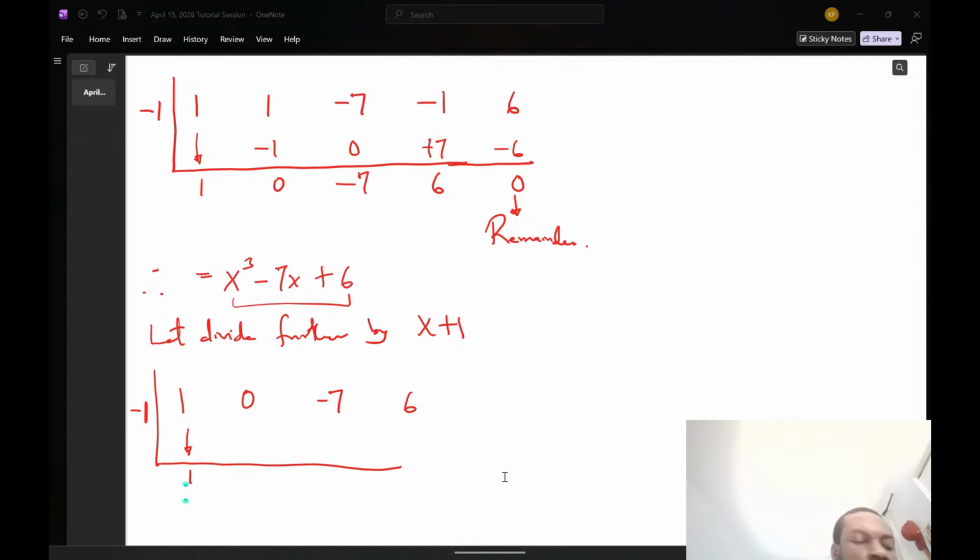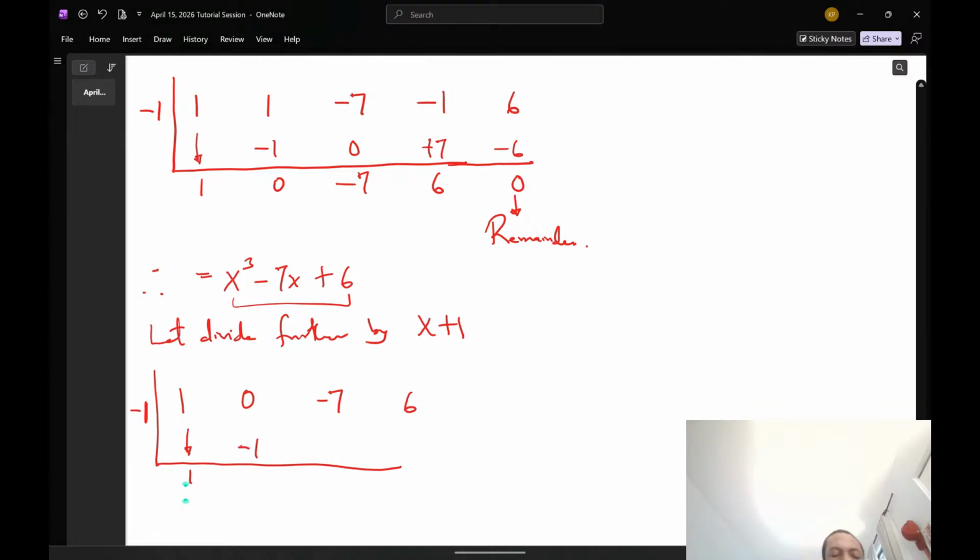So -1 times 1 will give us -1. Okay. 0 plus -1 will give us -1. -1 times -1 will give us +1. -7 plus 1 will give us -6. -1 times -6 will give us +6.